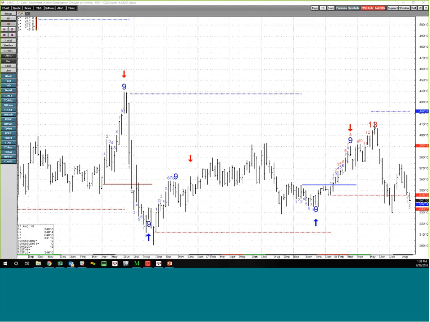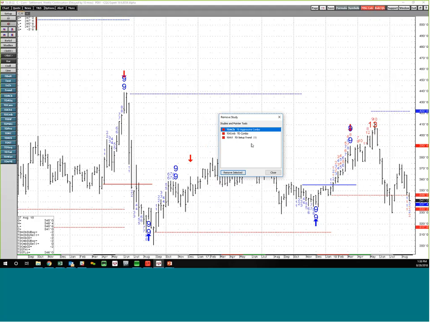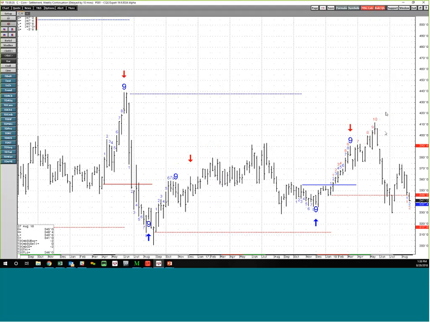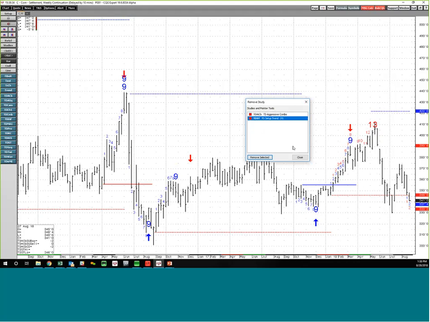And if I was to compare that to the traditional combo that is on here, the traditional combo only made it to a 10. The more liberal conditions within the aggressive combo accelerated the process of getting to that 13, and that 13 proved to be quite timely. So some people find the aggressives to be a better fit for their trading.